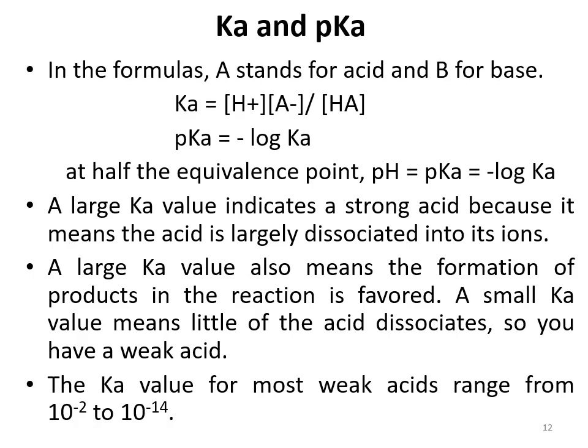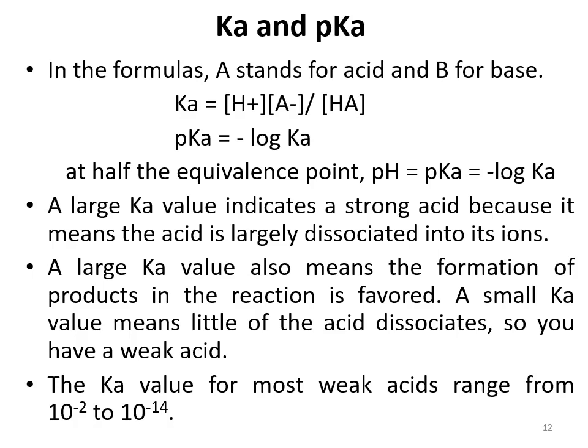A large Ka value indicates a strong acid because it means the acid is largely dissociated into its ions. It all depends upon how dissociation takes place, how an acid dissociates into its ions quickly. It may depend upon the concentration of the acid and the time taken to dissociate.